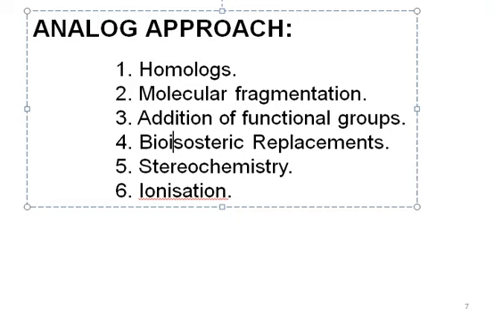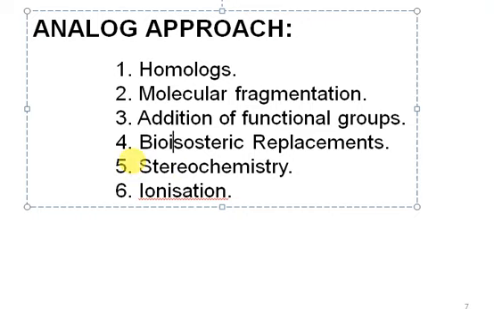So those groups which resemble each other in electronic configuration, in their size, etc., if we replace those groups with one another, the biological activity is not lost. However, biological activity can be enhanced. So we can carry out these replacements of bio-isosteres and see what the difference in biological activity is.